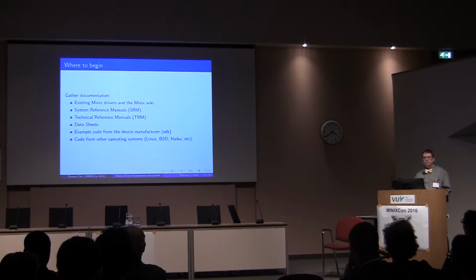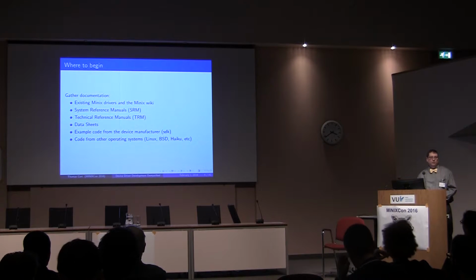There are system reference manuals. Those are sort of more at the board level. So like the BeagleBone, there's a whole huge PDF that covers all of the pinouts, all the different chips that are on the board. And then drilling down a little deeper, there's technical reference manuals.